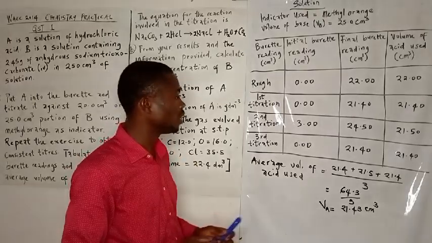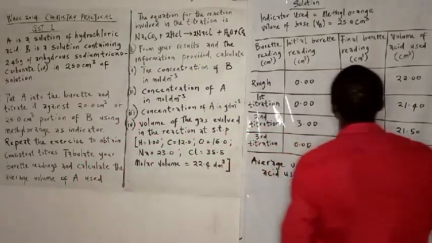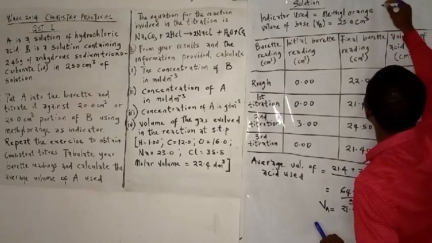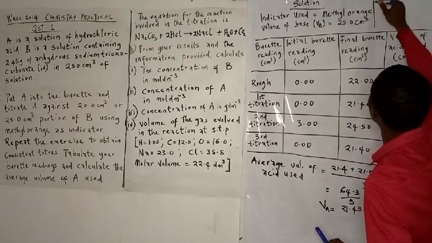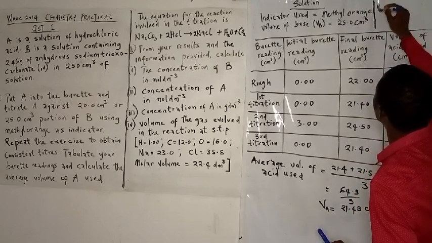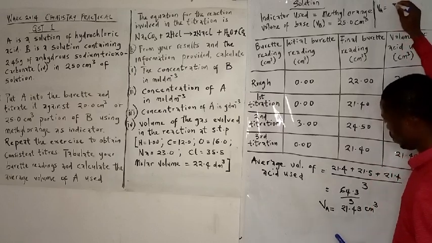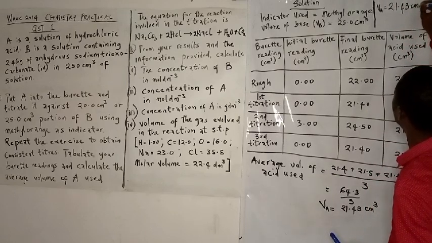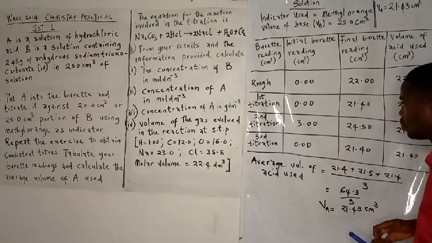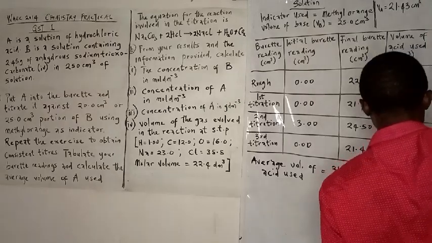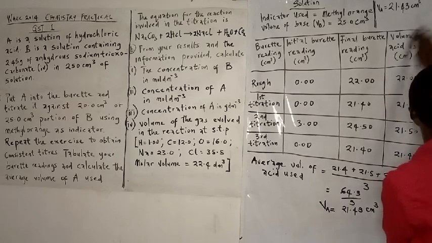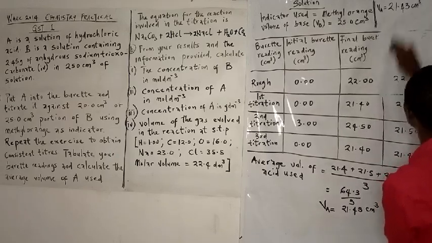In order for us not to forget it, I will include it here. So let's say VA is equal to 21.43 cm cube.